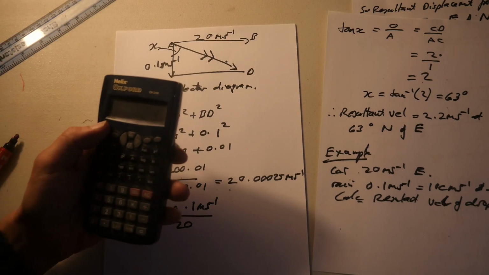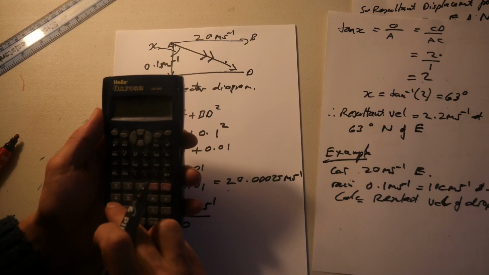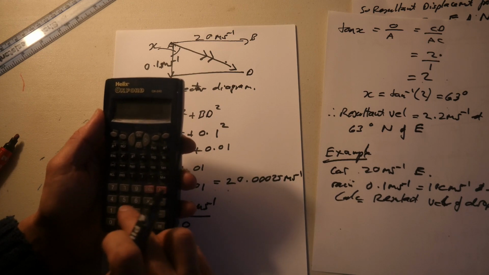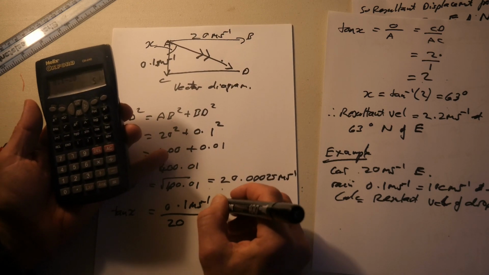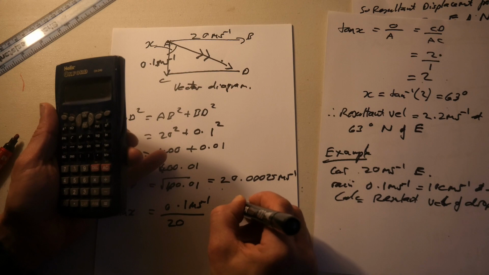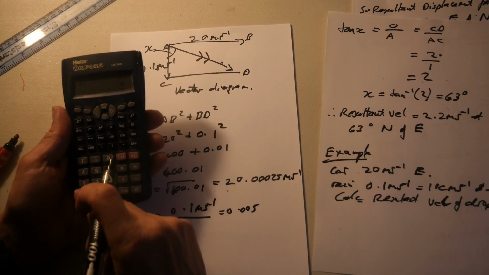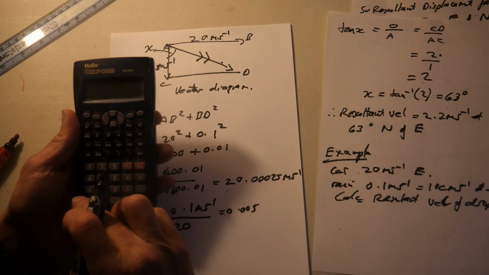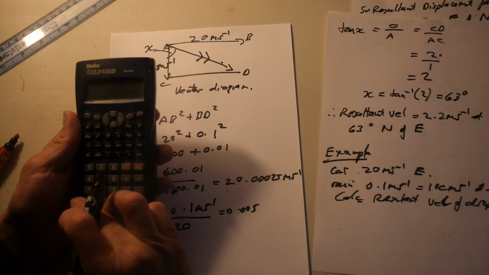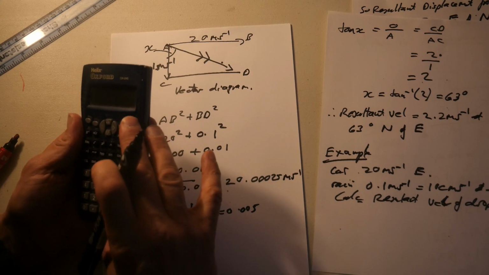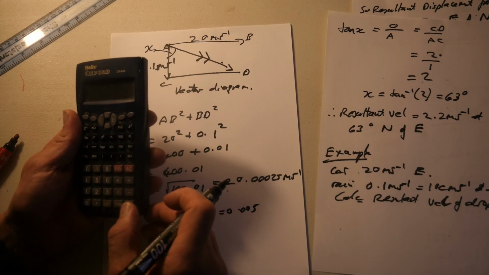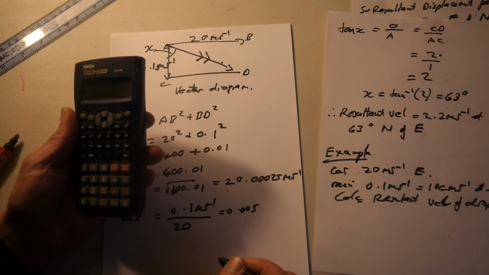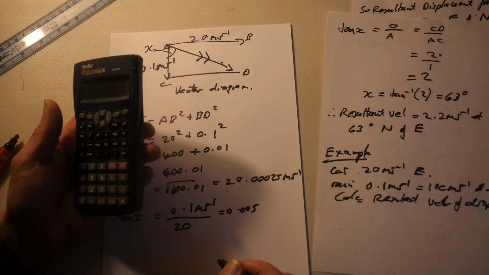So what's tan 0.1 divided by 20 equals 0.005. Okay, so inverse tan 0.005, adjacent.